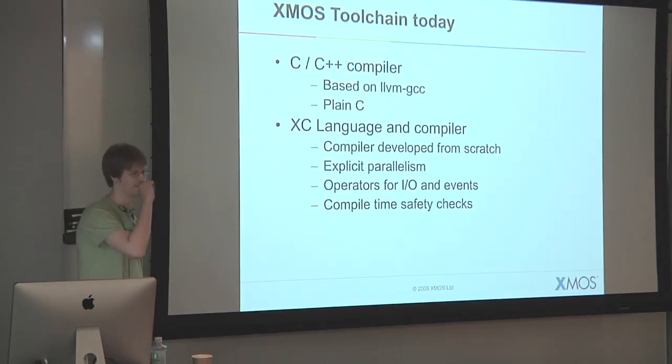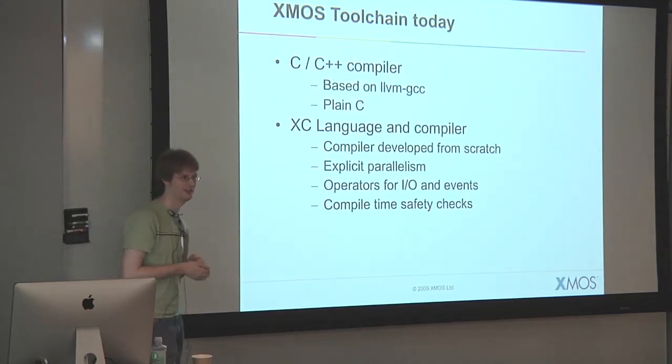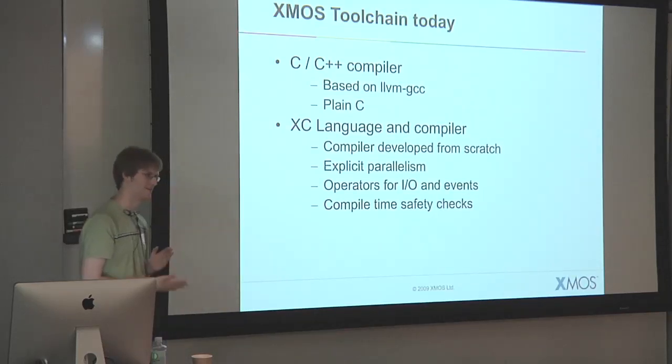It's got dedicated operators for input and output, and it's designed to allow a number of compile time safety checks. But because of that, the language is a bit restricted. So, for example, we don't allow pointers, we don't allow aliasing. But that allows us to check a number of things at compile time.